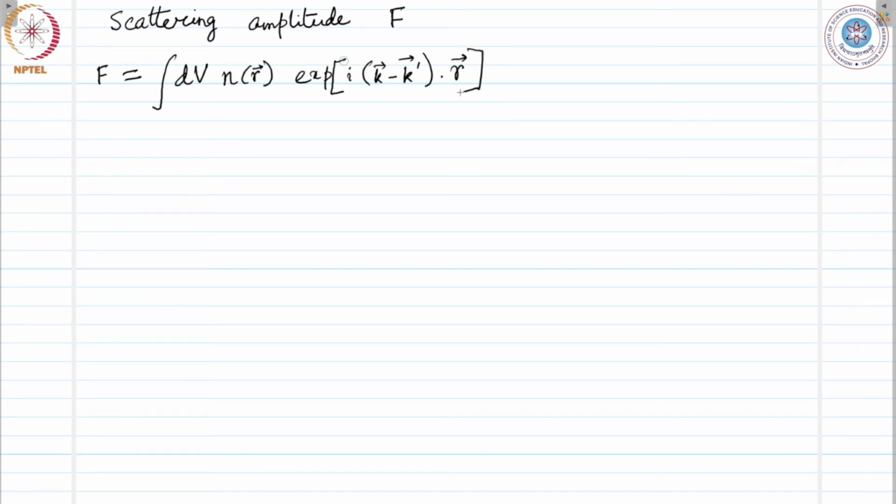This quantity, if we write delta k for this, k minus k prime, can be written as this. So delta k measures the change in wave vector. So delta k is called the scattering vector.